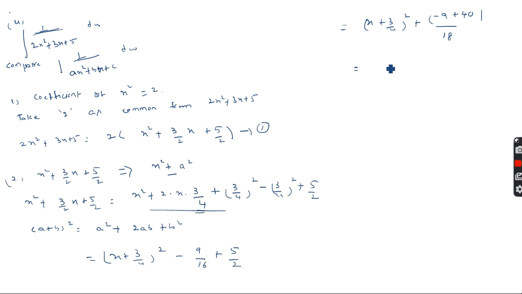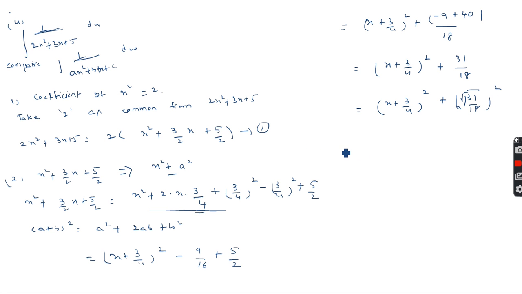Finally we get x plus 3 by 4 whole square plus 31 by 16. The 31 by 16 can be written in the form of squares, that is root of 31 by 16 whole square.